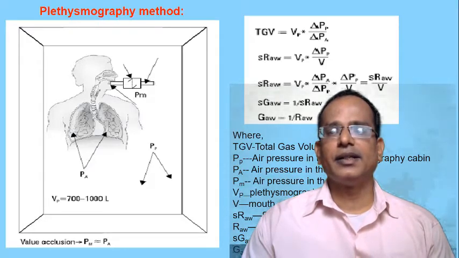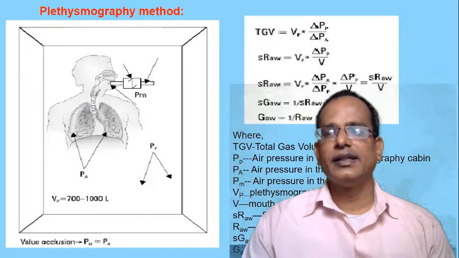With the help of that, they find the specific airway resistance, denoted by sRaw, which is equal to Vp multiplied by delta Pp divided by V. From that they find the specific airway resistance, that is, airway resistance multiplied by volume.